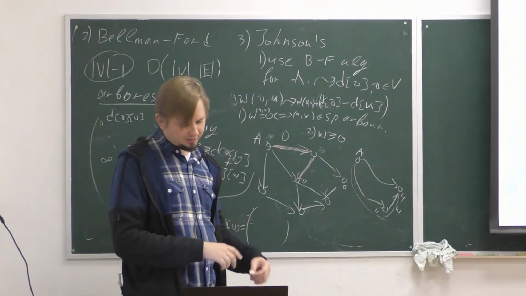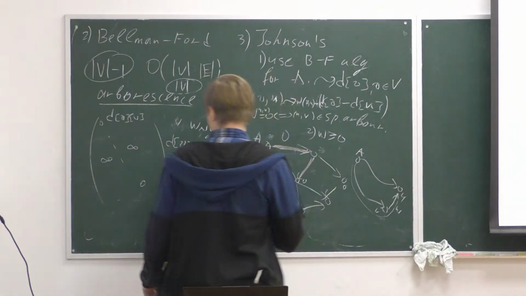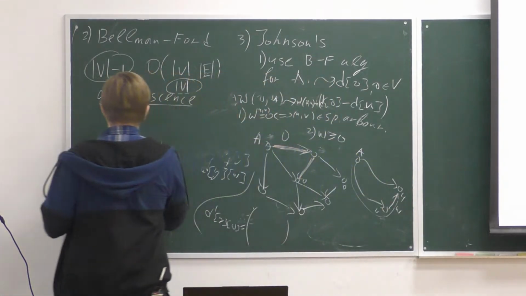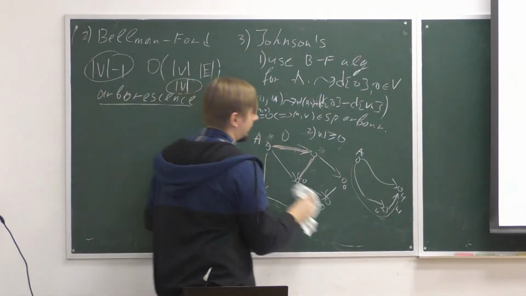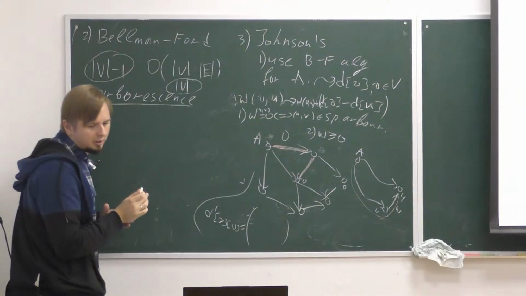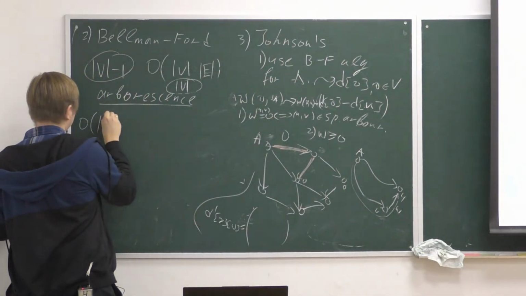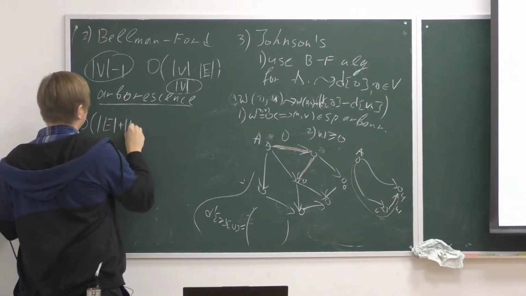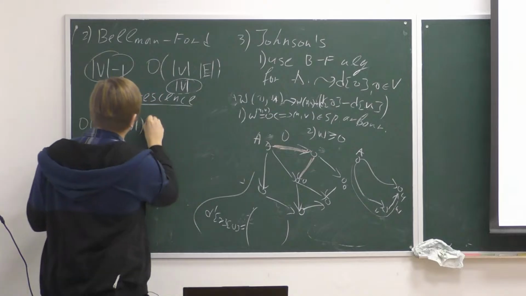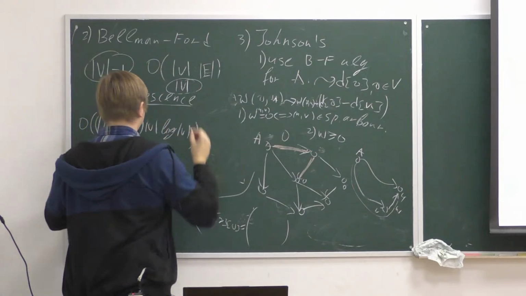And the complexity, if you calculate very accurately the complexity of the methods that we are using, you will have something like v plus e times v log v, something like that.